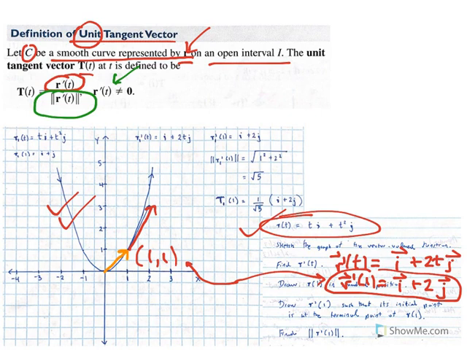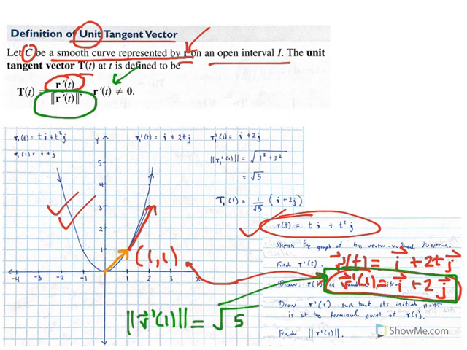You begin by finding the tangent vector, just like we did for our activity, and then you have to find the magnitude of that tangent vector, just like we did earlier. So the magnitude of the tangent vector is going to be the square root of 1 squared plus 2 squared, or the square root of 5. That's a little bit more than 2.